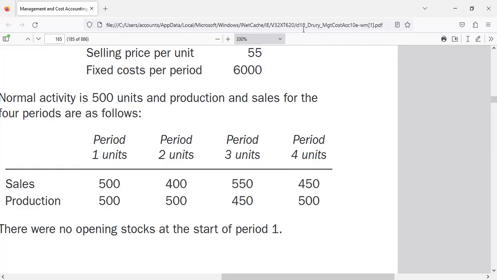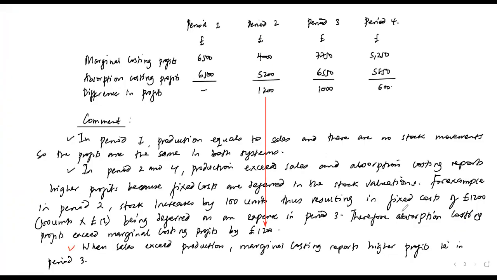Whenever sales exceed production, absorption costing profits will be lower than those of marginal costing. So that's what you can put on that part 3.